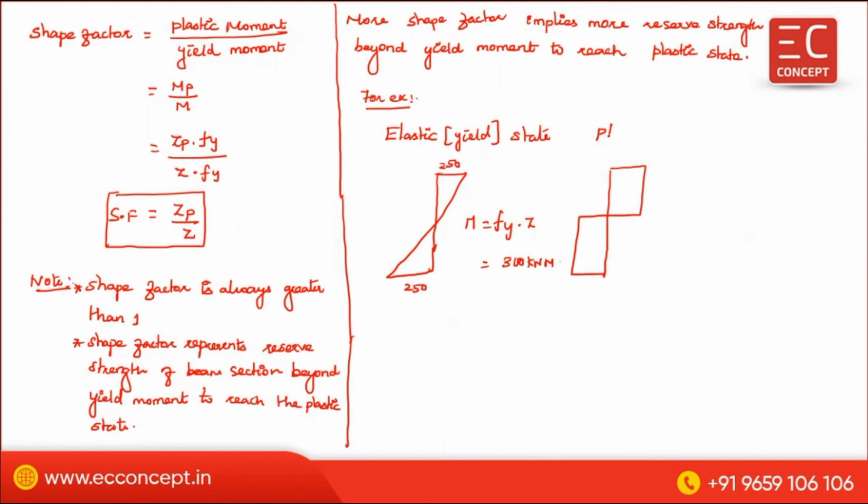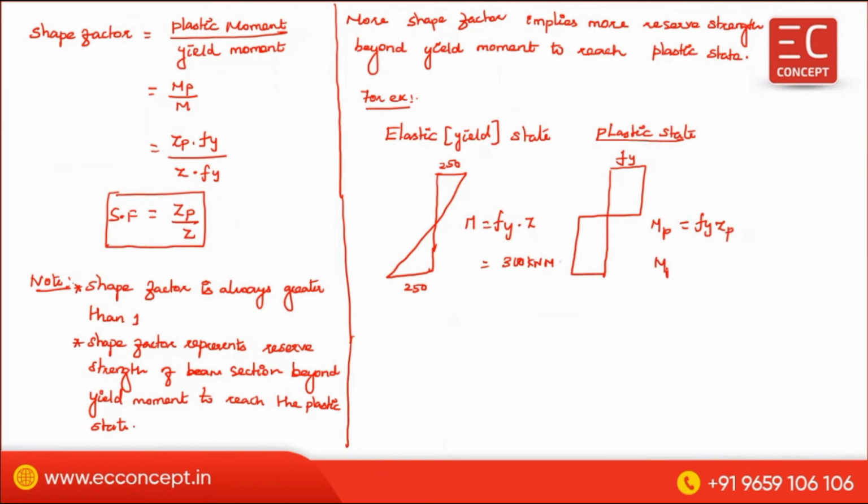But in the plastic state, throughout the depth is subjected to yield stress. So this is the plastic state. This is Fy. Now this is MP, which is equal to Fy into ZP.